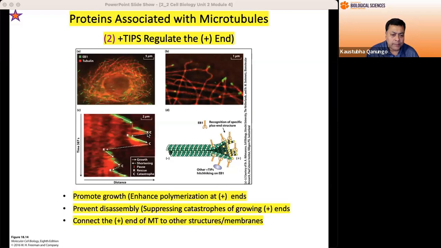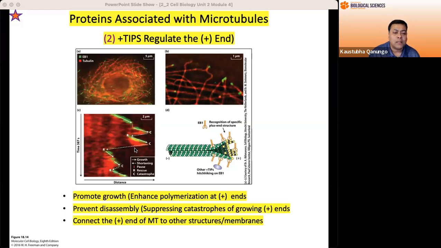And then at one point, the C, what we call a catastrophe. And after that point, you can see right here, there is a shrinkage of the microtubules and there are no green proteins in here. So it's shrinking. Then R is a rescue. That means these plus end associated proteins again associate and it again grows and again shrinks, again grows, again shrinks.